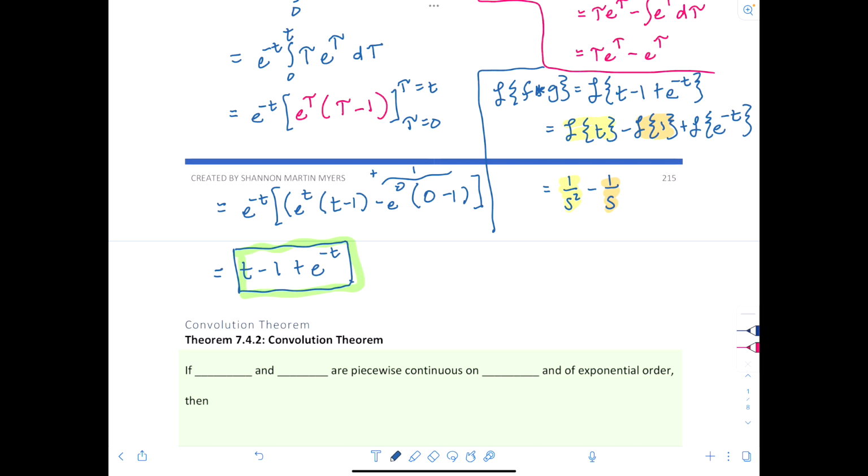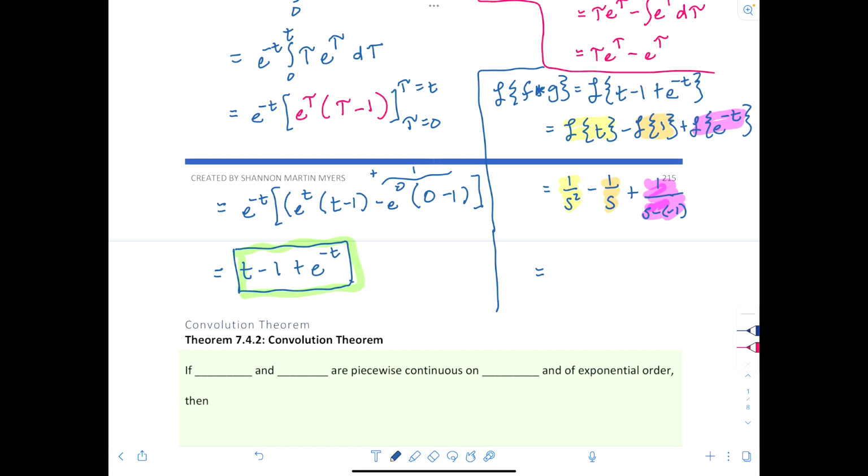And then for this one, our a in this case is negative 1, so we'll have plus 1 over s minus negative 1. That's because the coefficient of that e is negative 1. And then we'll get a final result.